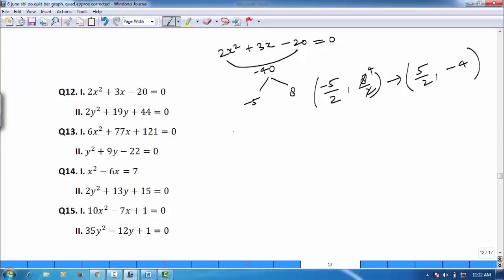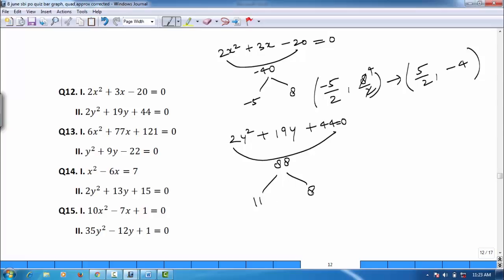Now the next equation is 2y square plus 19y plus 44 is equal to 0. So on multiplying 2 with 44 we get the value as 88, and on dividing it further we get 11 and 8.